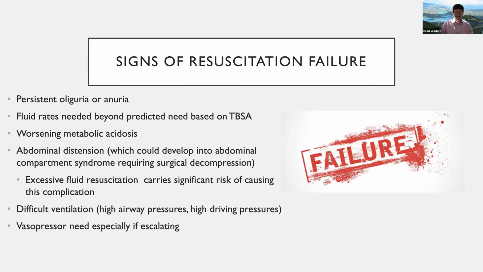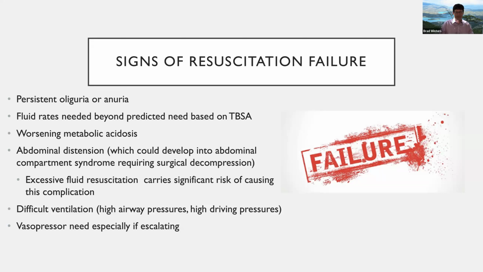And the signs of resuscitation failure at that 8-hour mark include things such as persistent oliguria, low urine output, or not making any urine at all, fluid rates that seem to be needed well beyond the TBSA calculation. So if you're using the Parkland formula and you calculated it 4 mils per kilogram per hour, and you are hitting 6 or 7, that tells you something is going wrong and you are failing resuscitation.